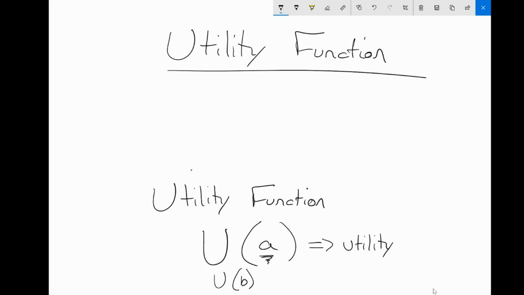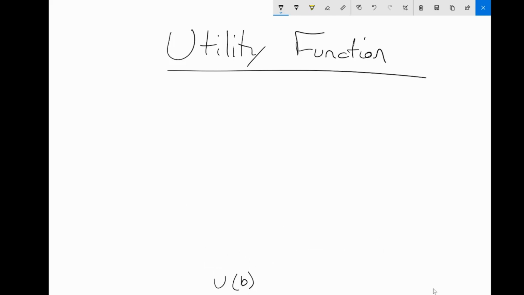So now we need this utility function to have certain characteristics. Let me go a little bit further. This utility function is a function of some input. I'm just going to start calling it x. X is a good, usually, or I like to say it could also be an action.